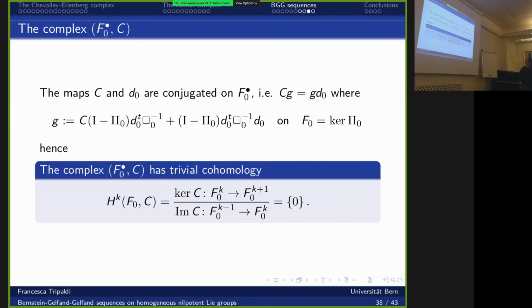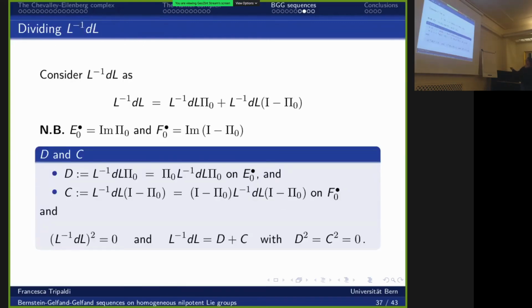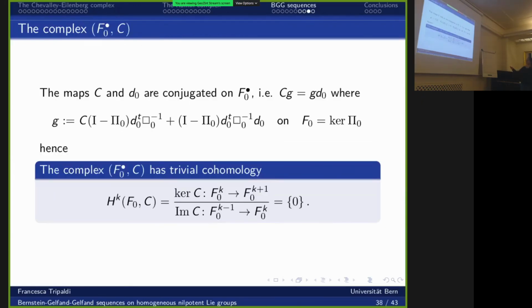Then you show that actually I have the F0 with C, and it's conjugated to, what did I use? To F0D0. Do you remember F0D0 at the very beginning? It had trivial cohomology. It was the useless one.